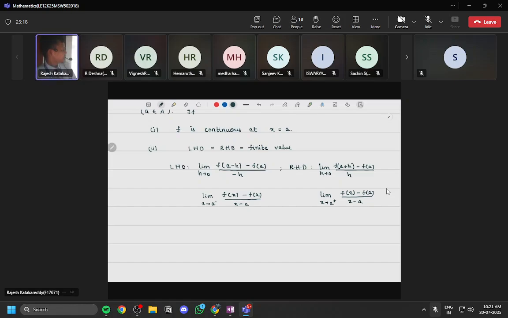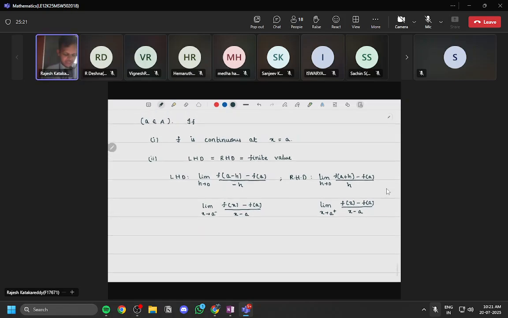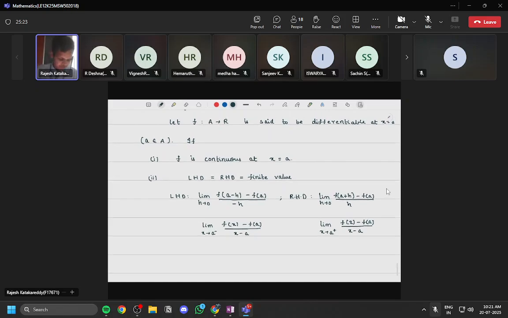This is about the left hand derivative and right hand derivative and the differentiability of a function. If both are equal and finite, it is differentiable, or else non-differentiable.